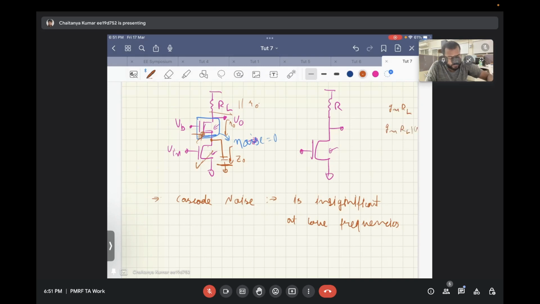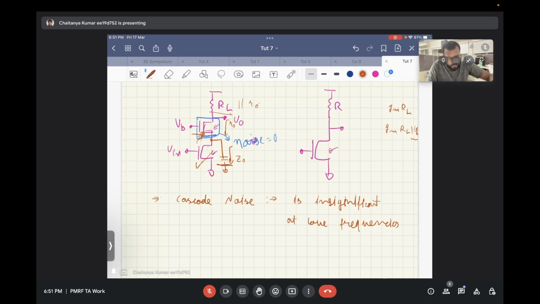However, you will get GM times RL parallel R naught. So to remove the effect of this R naught, this cascode was installed in the first place. If the noise of the cascode is still a problem, instead of having a single stage with a cascode, you can go for 2 stages or 3 stages to get the desired gain.